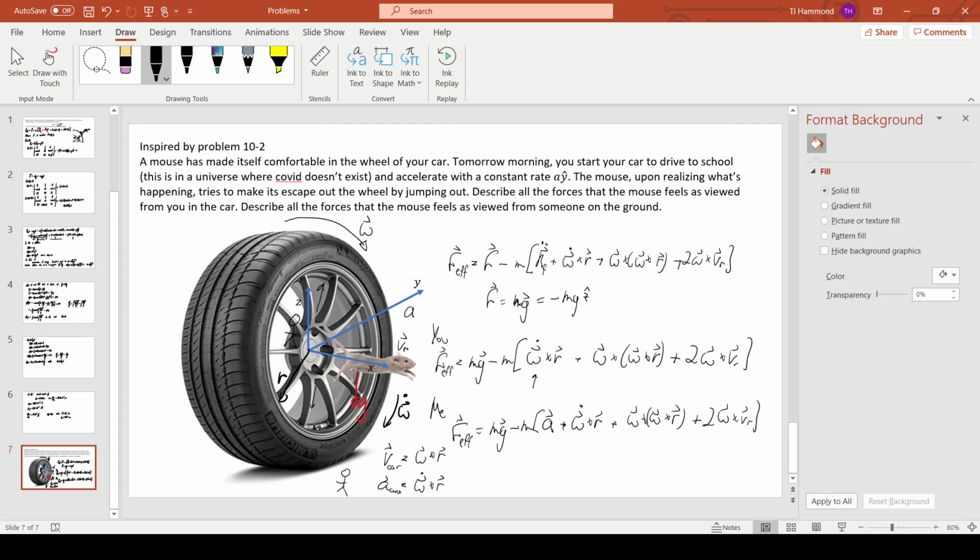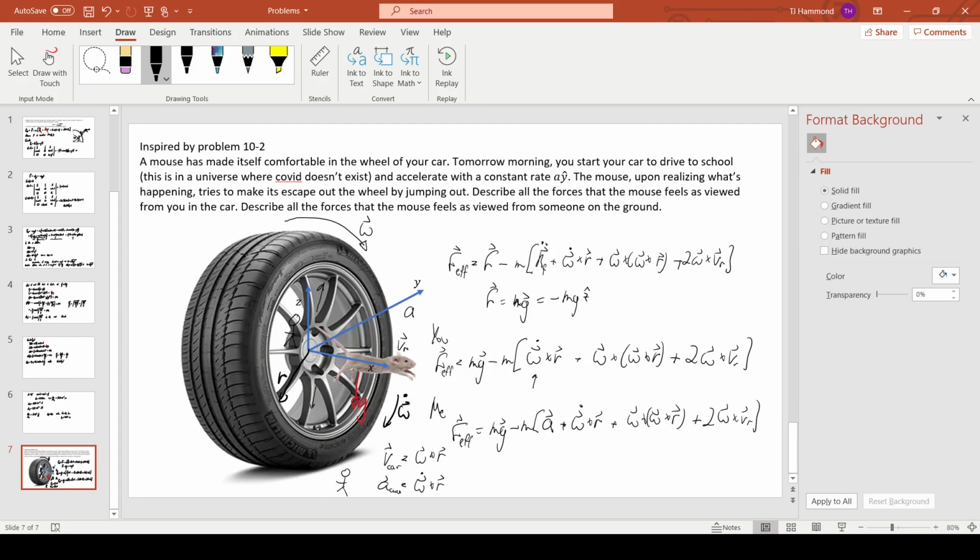So in this case, because this car is speeding up compared to me on the ground, you would be feeling this accelerating force, right? As you speed up your car, you feel more like pressure on your back caused by this acceleration. So you'd be feeling that force. The mouse would be feeling that force as well.